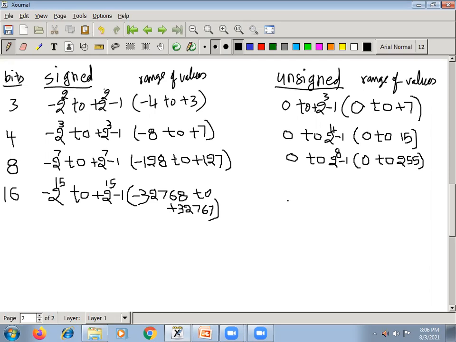Similarly, we'll come to unsigned type. In unsigned type, what are the values? It is nothing but 0 to 2 power of 16. All the 16 bits are available now. 0 to 2 power of 16 minus 1. So what is the range of values? 0 to 65,536 minus 1, so 65,535.